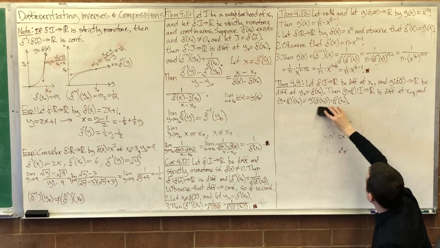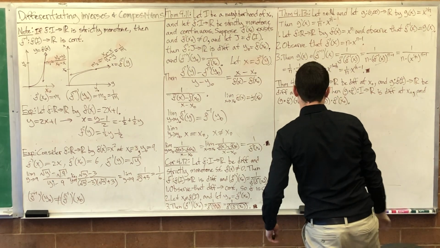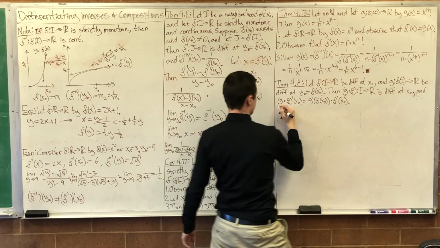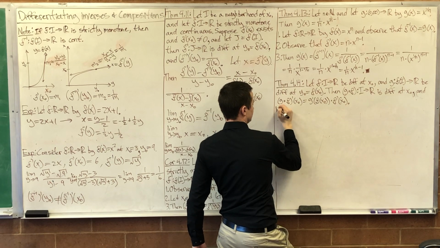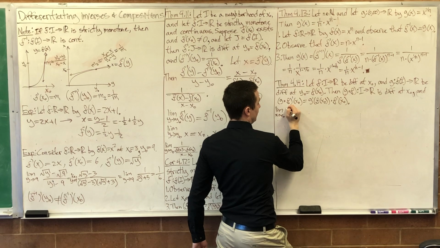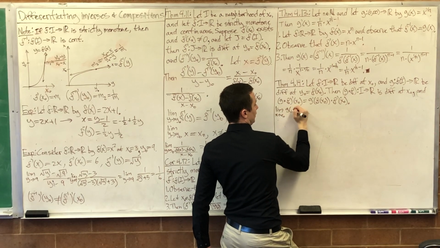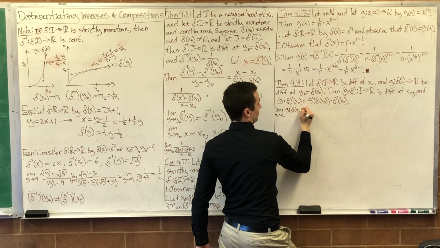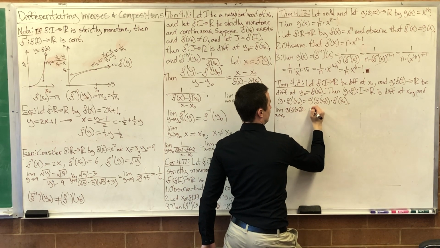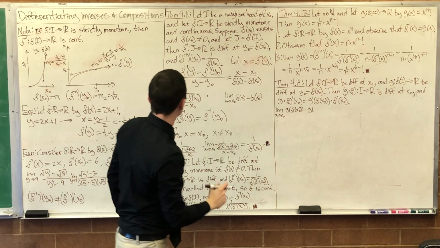So now, let's prove the rule. So we're looking for the limit as x approaches x naught of, and rather than writing it this way, I'm going to write g of f of x naught minus g of, do we do the x naught first or the x first?